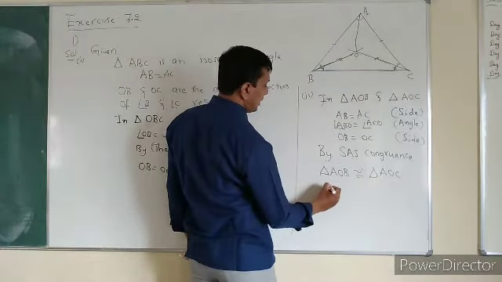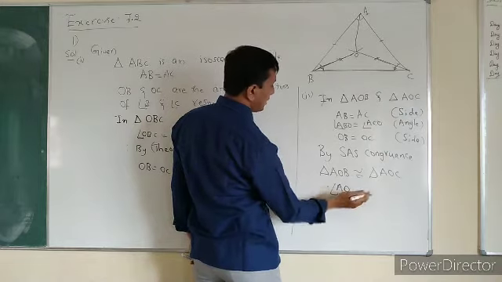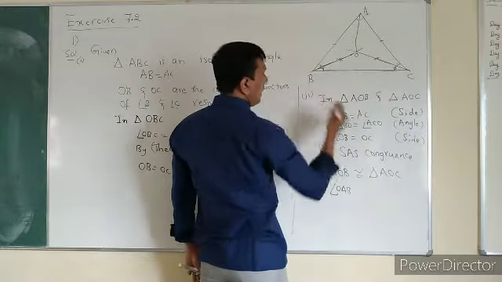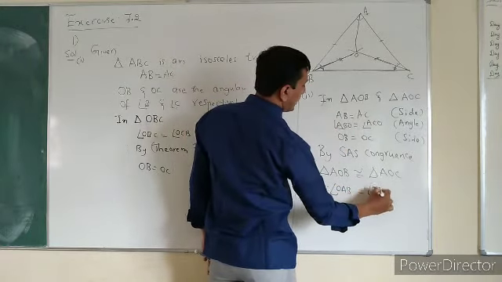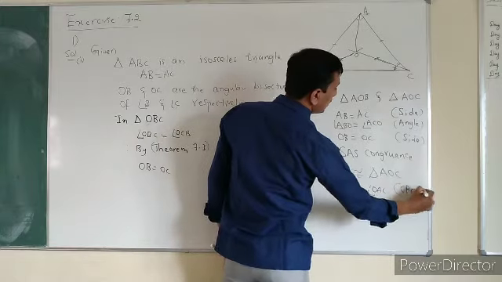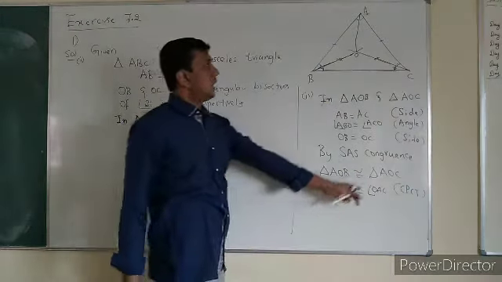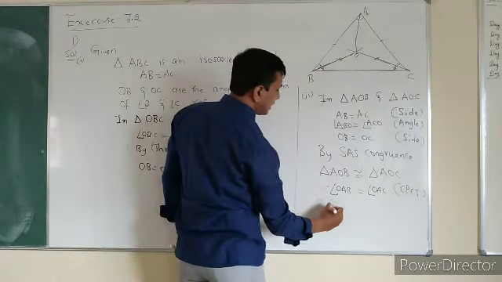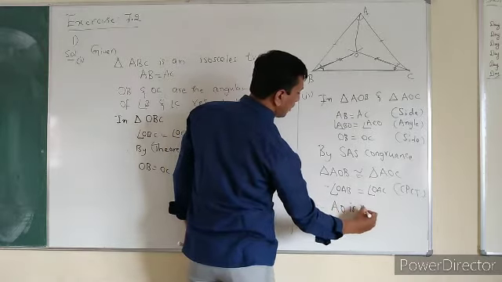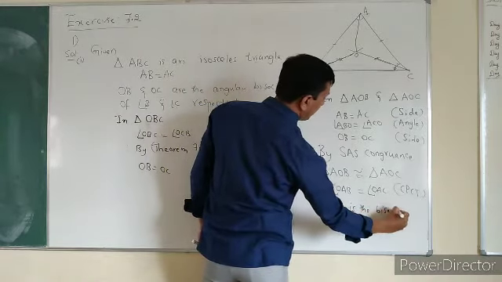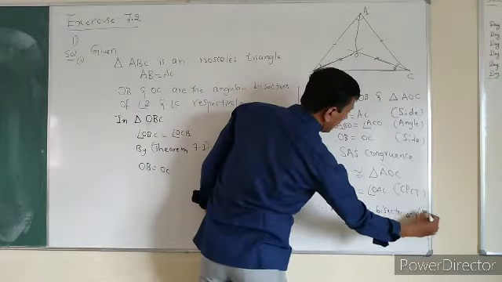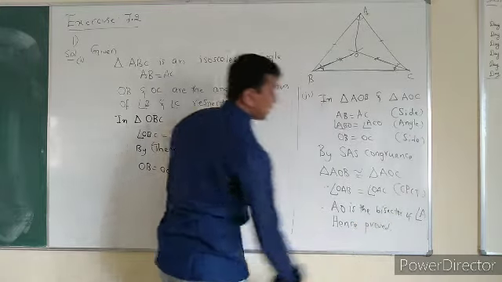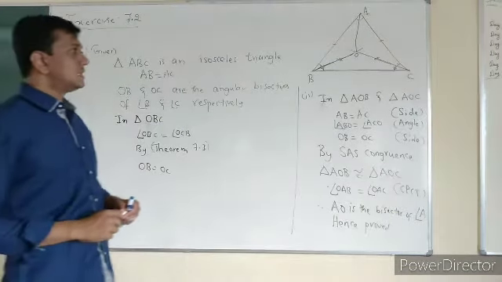Therefore, angle OAB is equal to angle OAC, by the CP rule. Once they are equal, I can say that AO is the bisector of angle A. Hence proved.